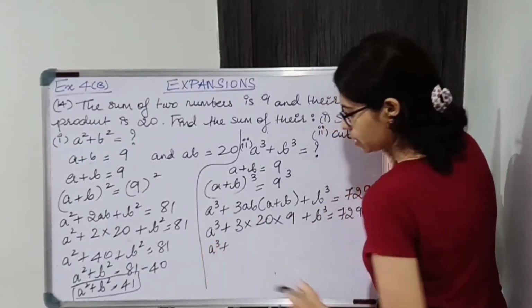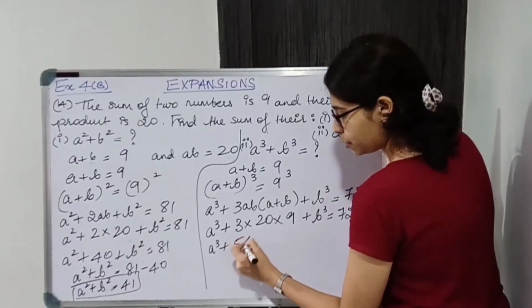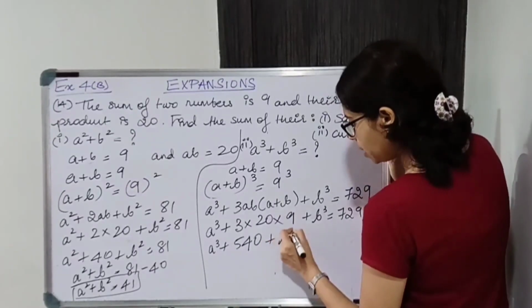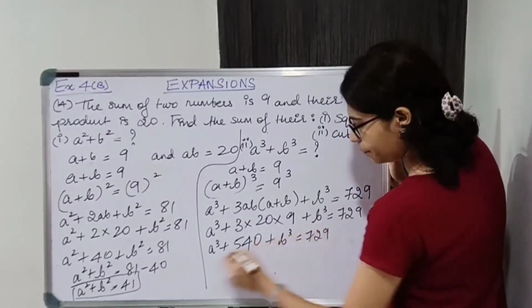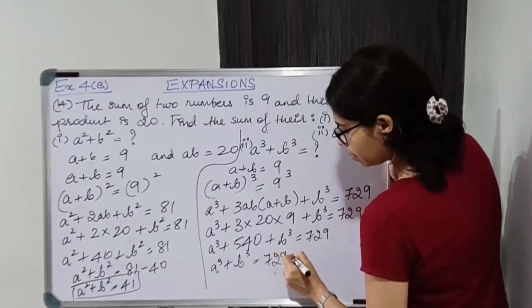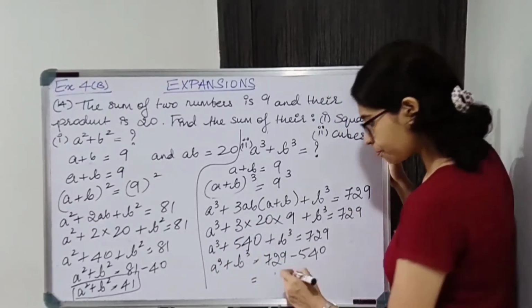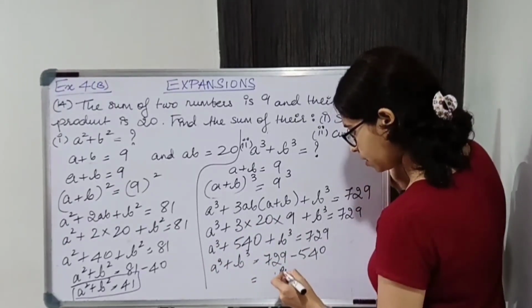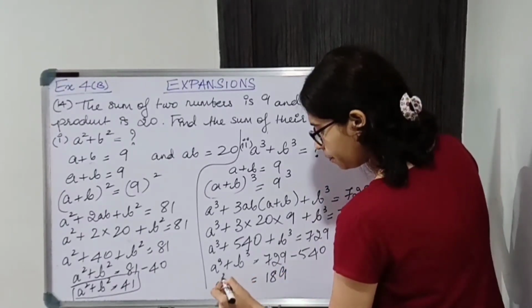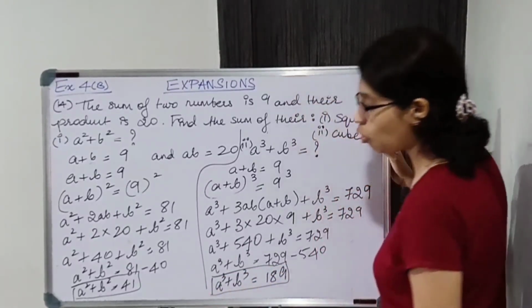So 3 twos are 6, 6 nines are 54, and 0, that is 540. Plus b cube is equal to 729. So a cube plus b cube is equal to 729 minus 540. This will become negative as we are shifting it to the other side. So it will give 189. So we found a cube plus b cube also. Box the answer.